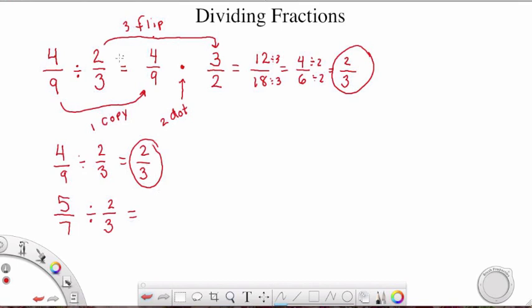And why can we do this? Because multiplication is the opposite of division. So what does that mean? Well, 4/9 divided by 2/3 is really the same thing as doing the inverse, the opposite, which is multiplying by its inverse when you flip it. So we're doing almost like a double negative. We're changing the division to multiplication, and if we just stopped there, we wouldn't get it.